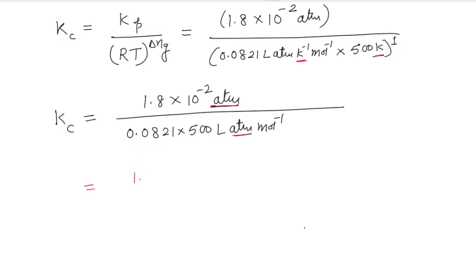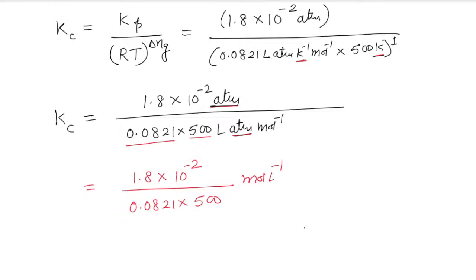See, 1.8 into 10 raised to power minus 2 divided by 0.0821 into 500, and unit is mole per liter. Unit of Kc is now mole per liter.